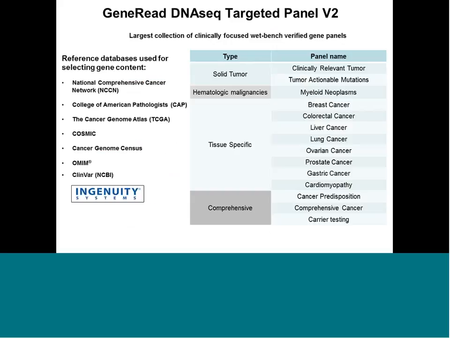Now, there are very good reference databases, actually by the Ingenuity pipeline, to analyze large collections of tumor lesions. For example, by the National Comprehensive Cancer Network, by the TCGA consortium, by the COSMIC library. You can filter out for every tumor you would like to analyze, like ovarian, lung, liver, BRCA genes, and so forth.